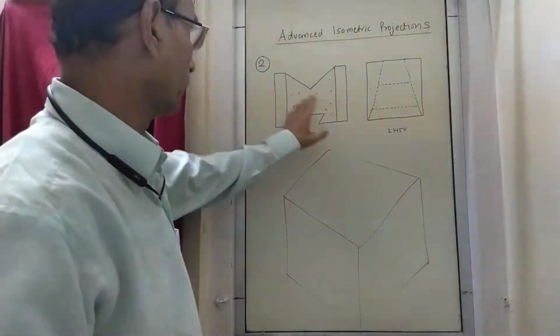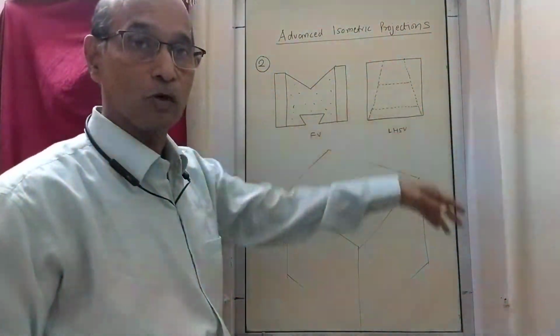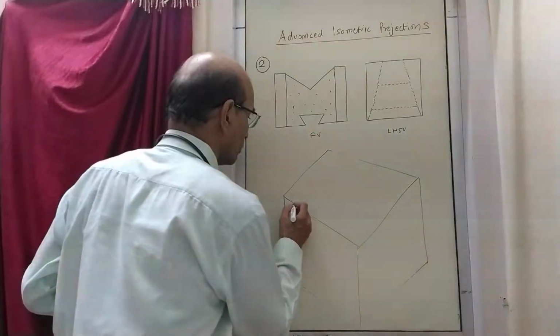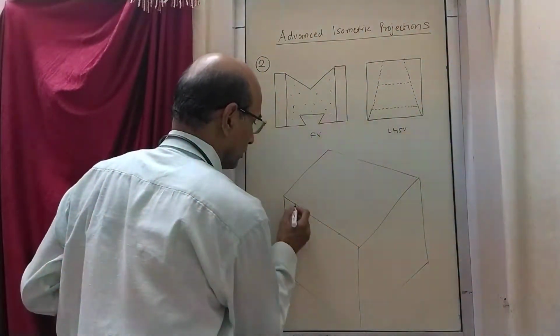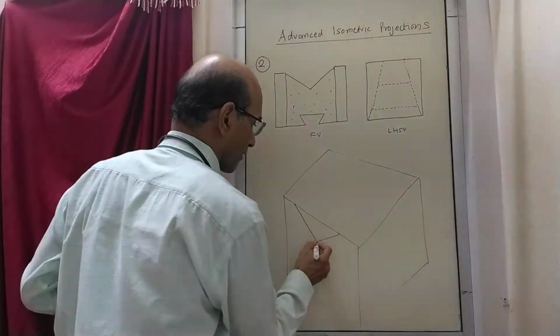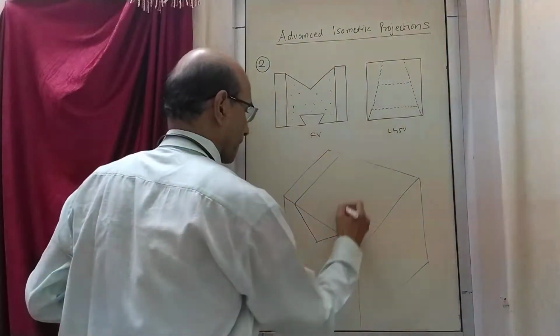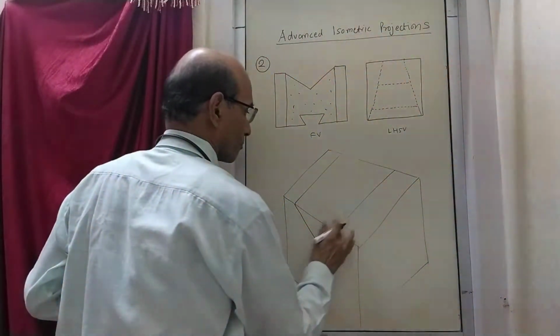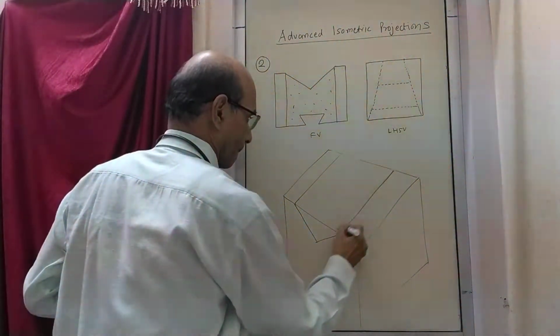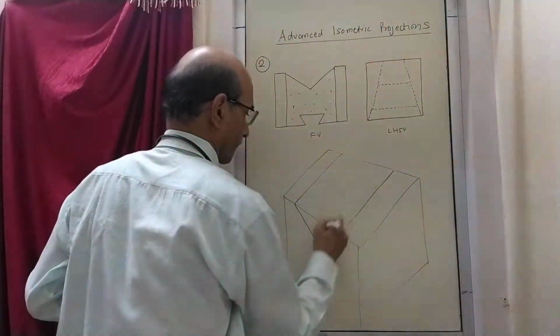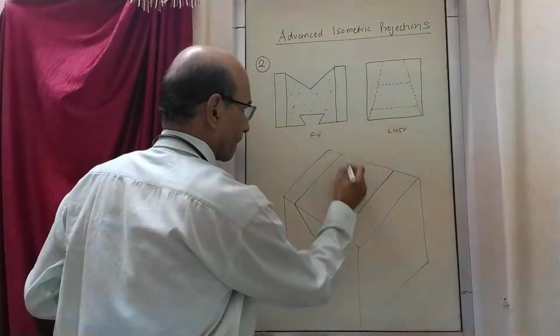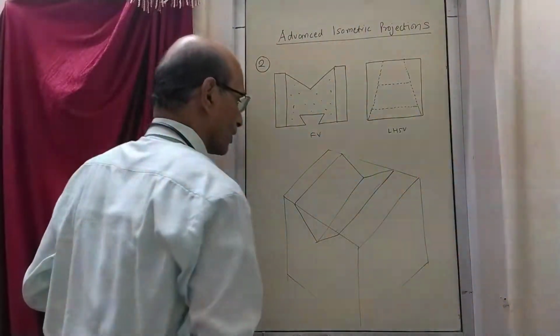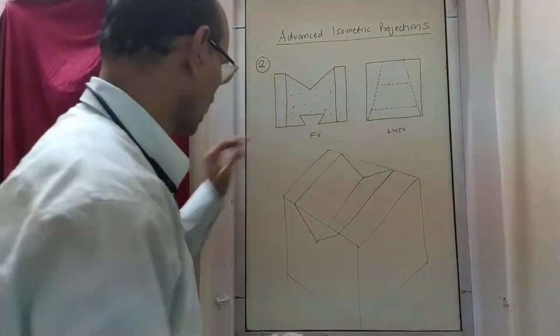So in this box, suppose this inclination was not there, then how would it have been? It would have been a straight cutout from here, like this. Something like this it would be, and then one more cutout here.